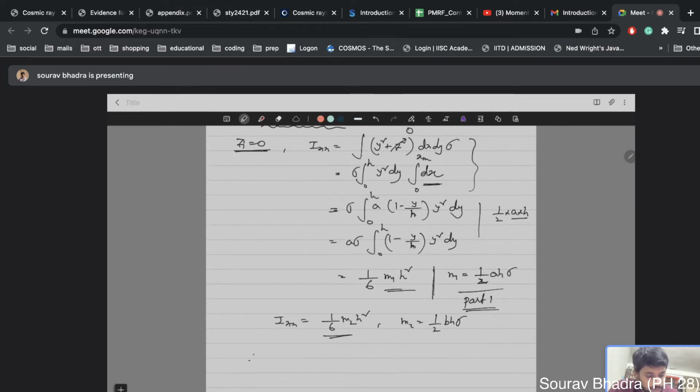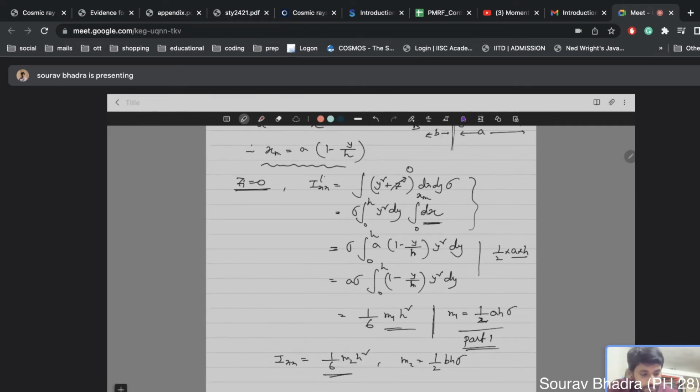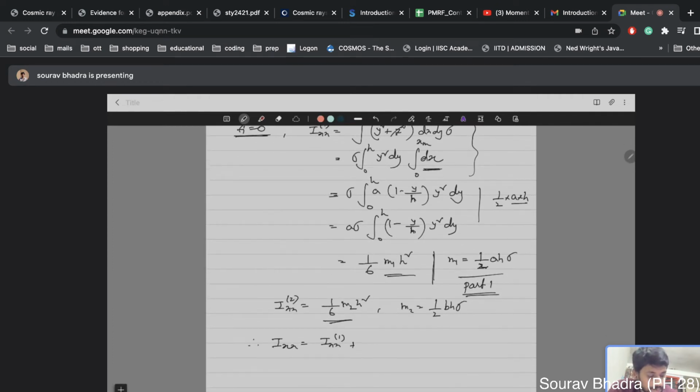Now the total is ixx, so let me write this 1 and 2 to denote the first part and second part. So this will give you m1 plus m2 times h square, which is 1/6 capital M h square.